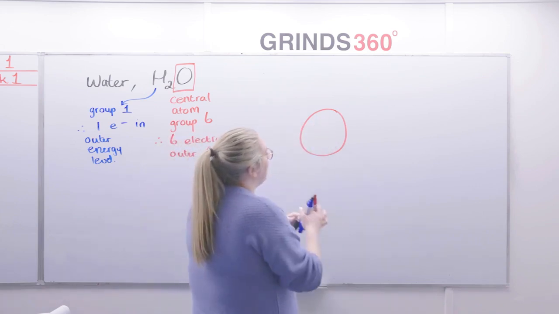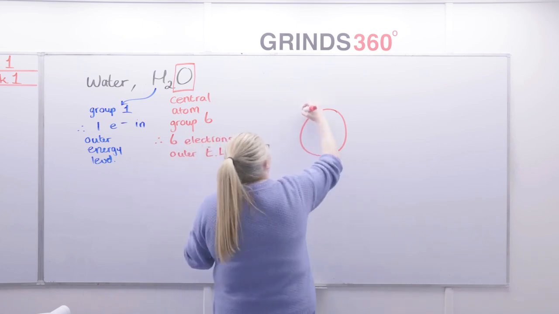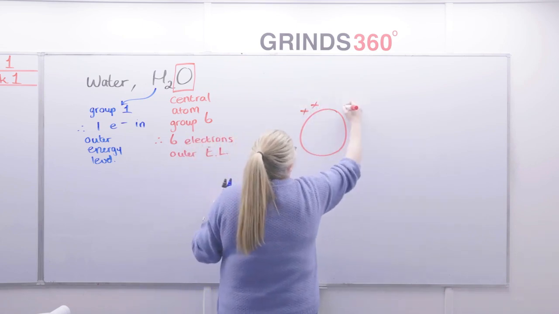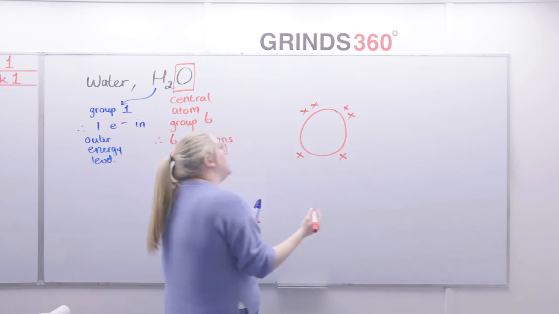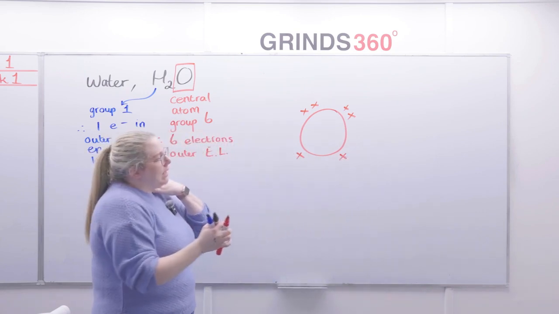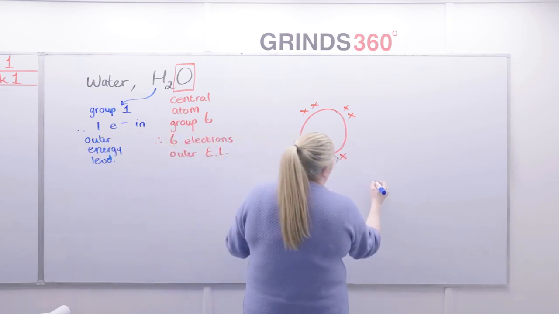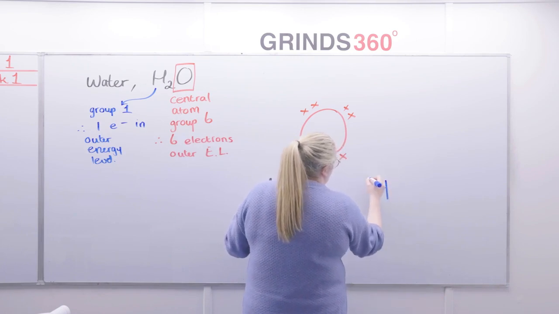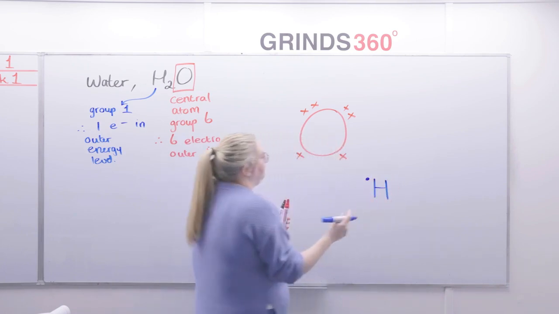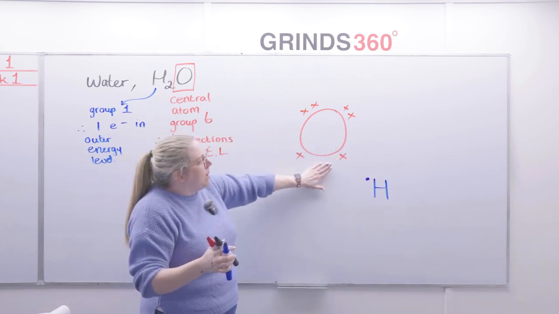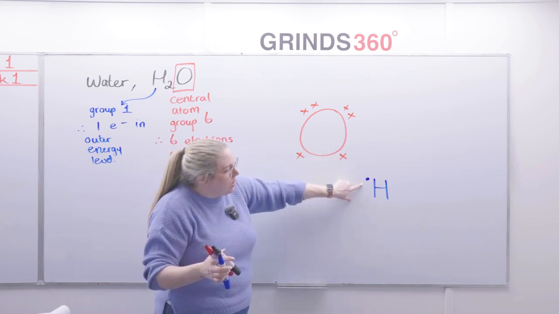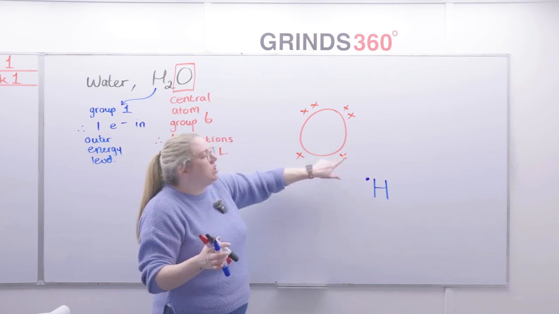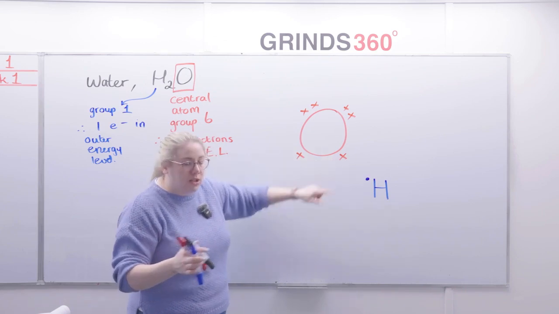Now, we said there's 6 electrons on this oxygen, so I'm going to draw them in. Now, it needs 2 more electrons. So if I draw in a hydrogen, that hydrogen has 1 electron. Now, to form a bond between the oxygen and the hydrogen, oxygen is going to share 1 electron with the hydrogen, and hydrogen will share 1 electron with the oxygen.